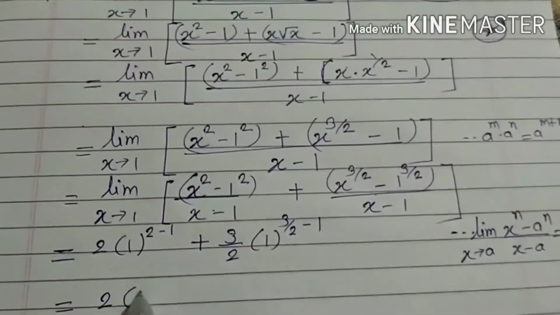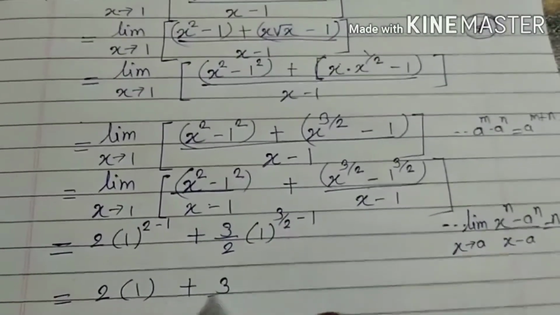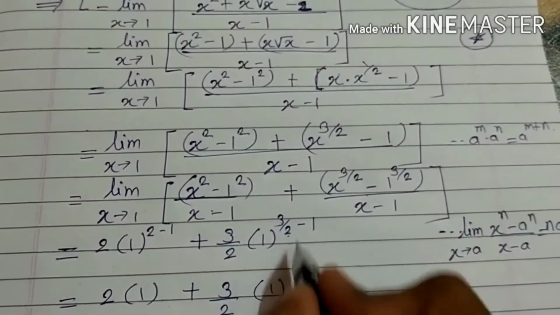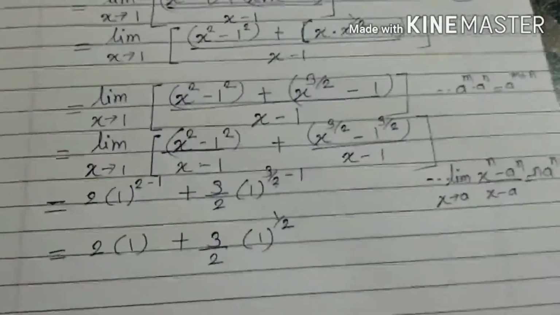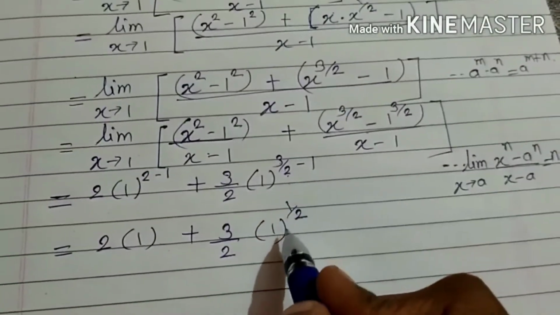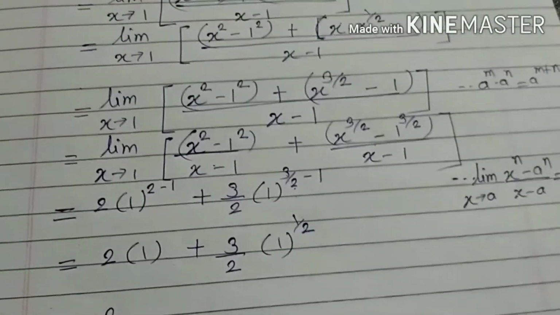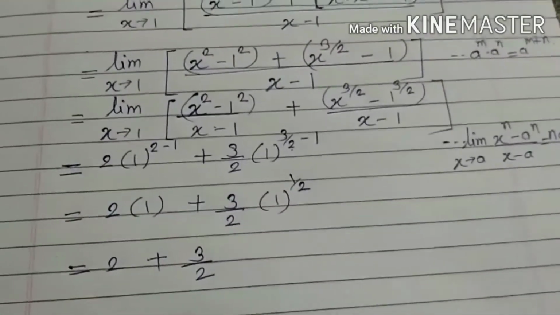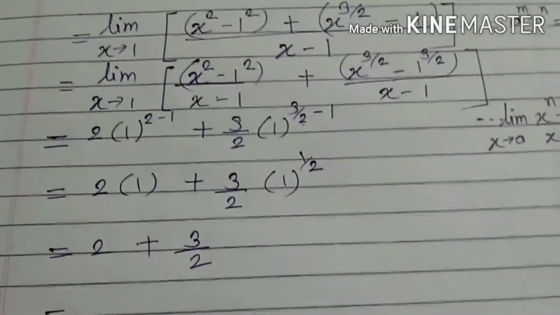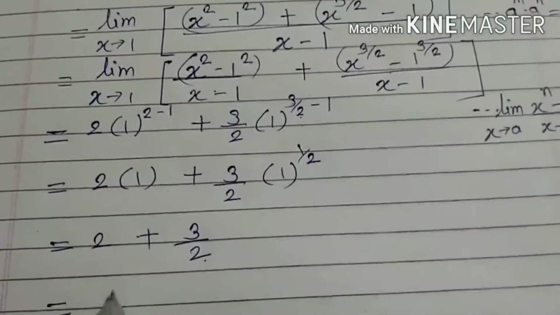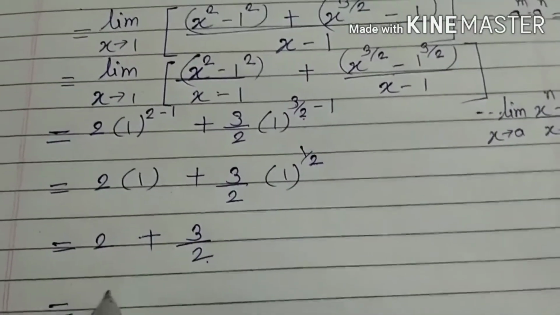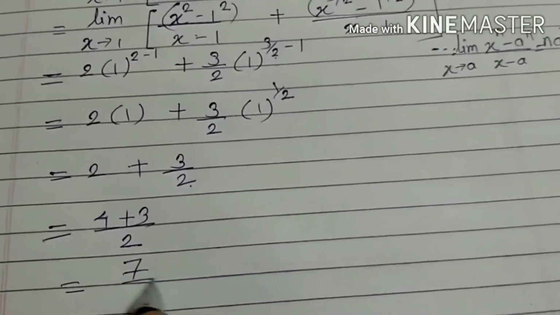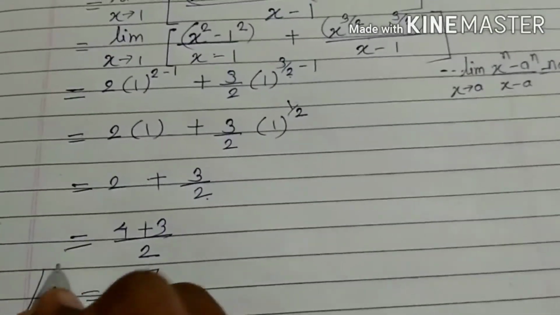So 2 into 1 raised to 1 plus 3 by 2, and this 1 raised to 3 by 2 minus 1 means 1 by 2. So it is 2 plus 3 by 2 because 1 raised to anything is 1. So our answer is 2 into 2 is 4, and 4 plus 3 is 7, upon 2. So it is 7 upon 2. So this is our answer.